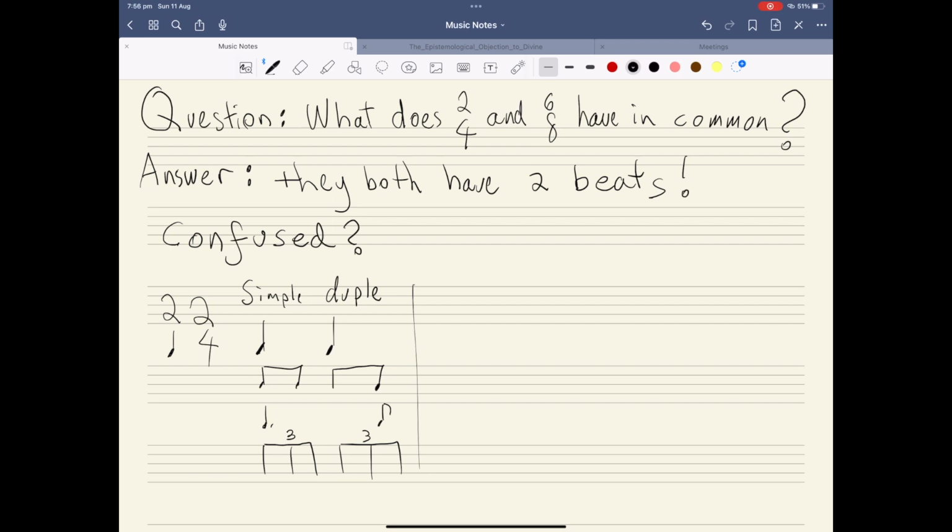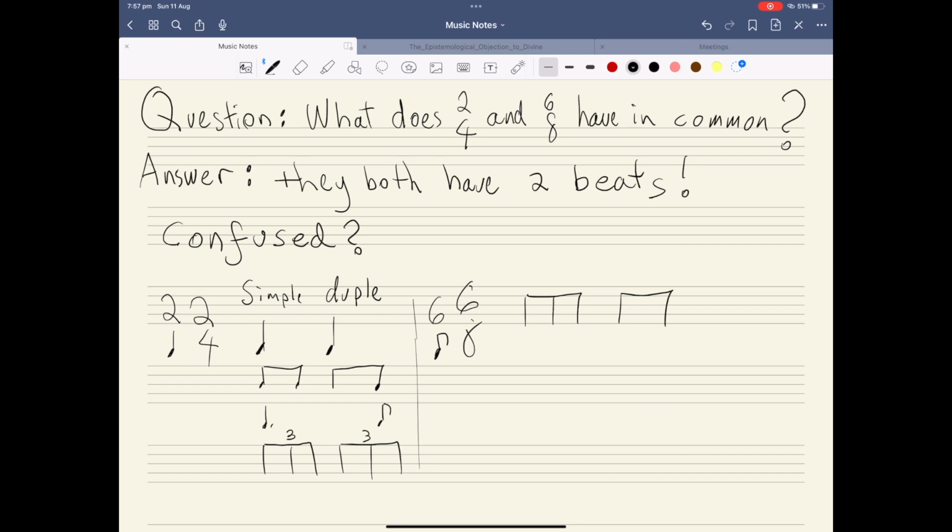But now let's have a look at 6/8, and you'll discover it's also duple. Now, wouldn't it be a lot easier if we just wrote 6 and then a quaver? Then we would all understand. All right, so 6 quavers in a bar.